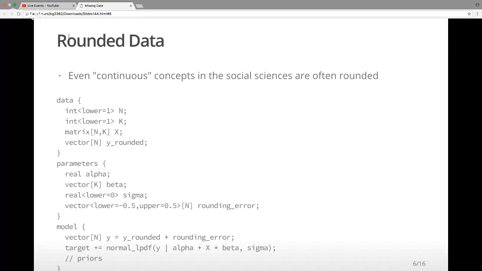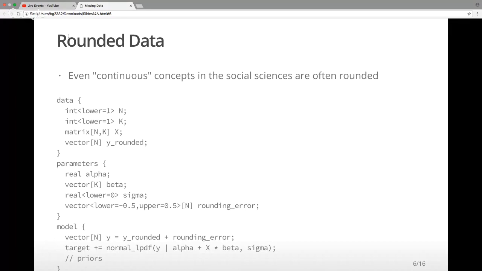So, rounding. Even concepts that are supposedly continuous in the social sciences, when we measure them, we often round them to the nearest unit, or the nearest 100, or the nearest 1,000. Depending on how big or small things are, even just rounding can make a difference. So if we wanted to do a model where the outcome was rounded to the nearest integer, we have n, we have k, we have x, which is the n by k matrix.